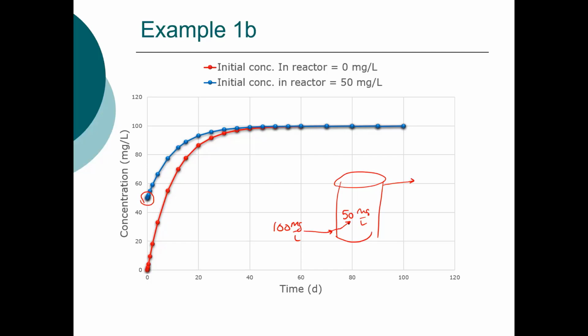Basically, you're replacing that 50 over time with 100 milligram per liter solution, and it's going to continue to increase over time. Then at steady state we end up with the exact same condition we had when we started at 0. So at steady state we will end up with 100 milligrams per liter.